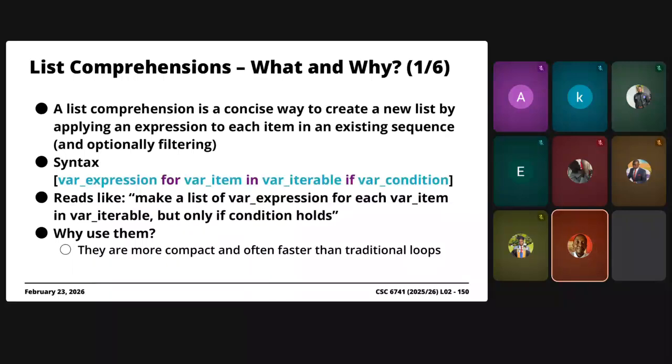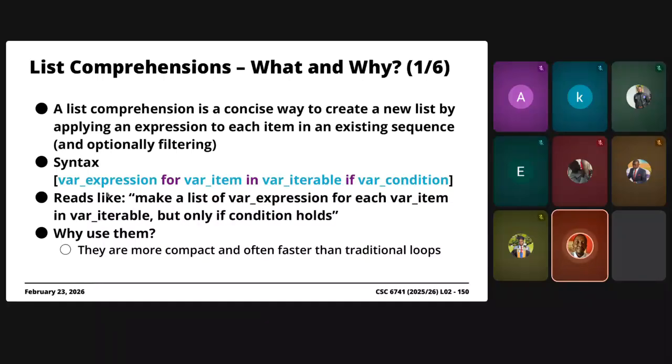So you have an open square bracket, close square bracket, and within the brackets you have the var expression, and then a shorthand notation for the for statement: for each item in a given iterable object, if there's a condition applied, and then you return the expression.